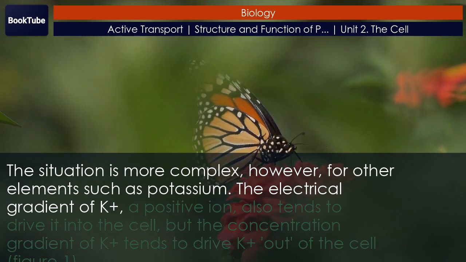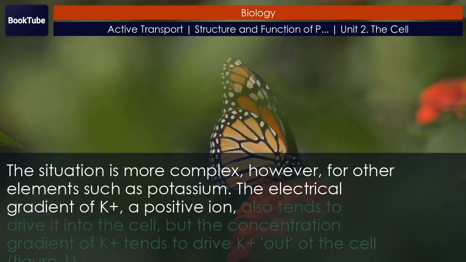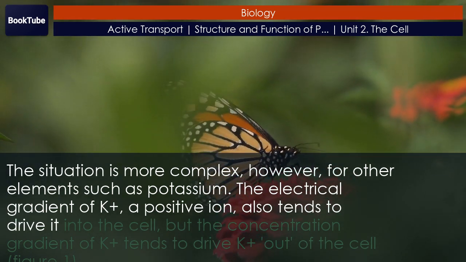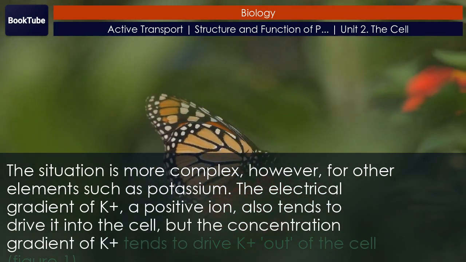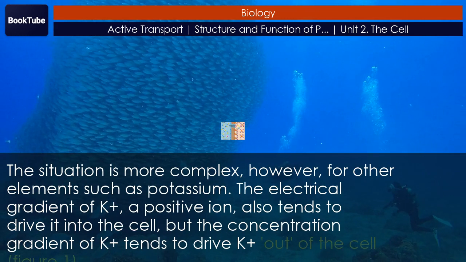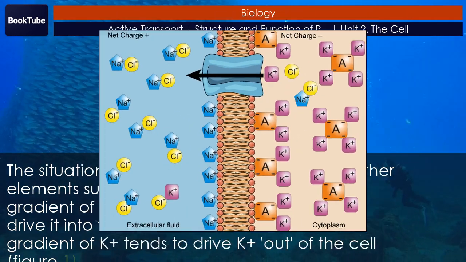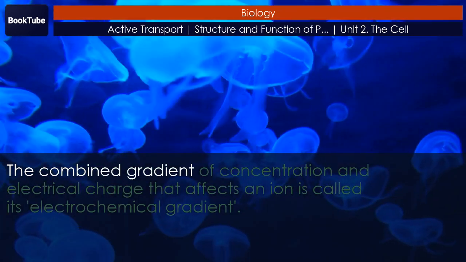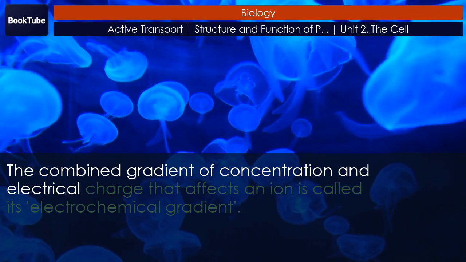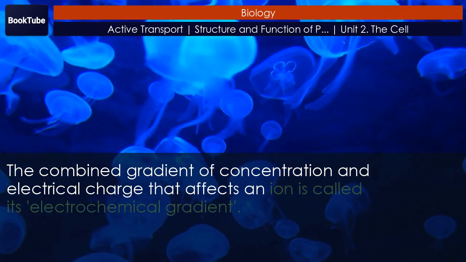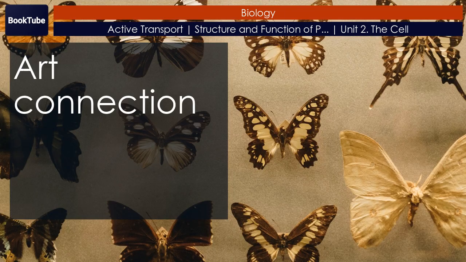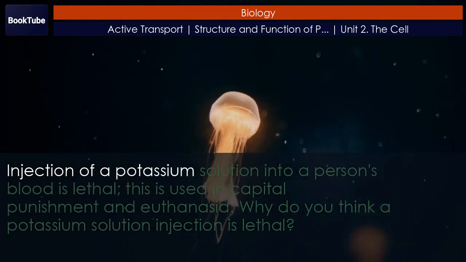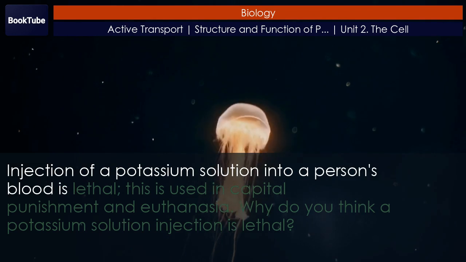The electrical gradient of K+, a positive ion, also tends to drive it into the cell, but the concentration gradient of K+ tends to drive K+ out of the cell. Figure 1. The combined gradient of concentration and electrical charge that affects an ion is called its electrochemical gradient.